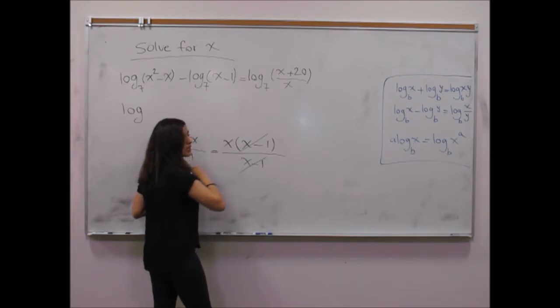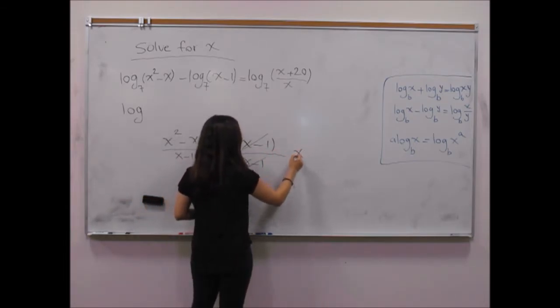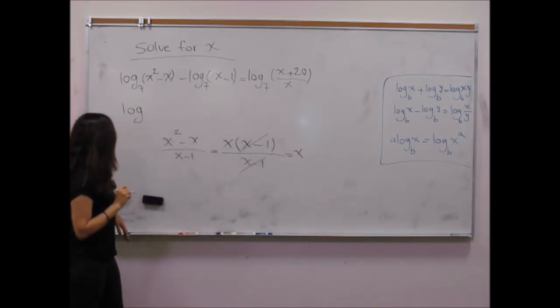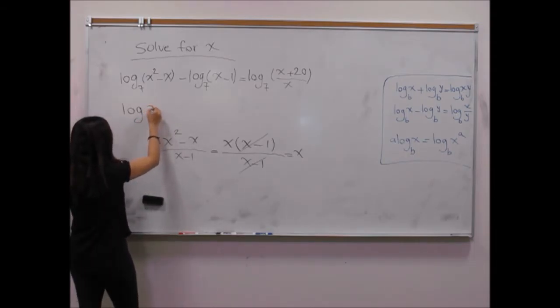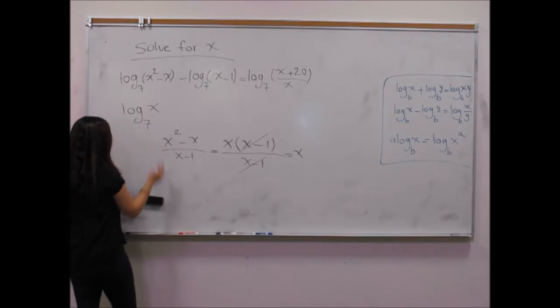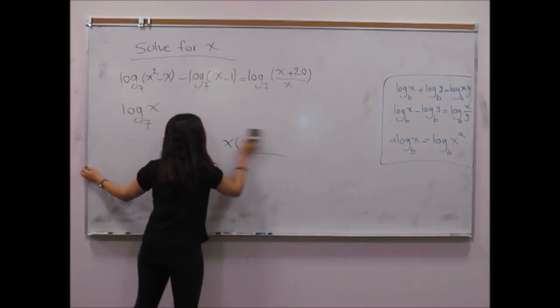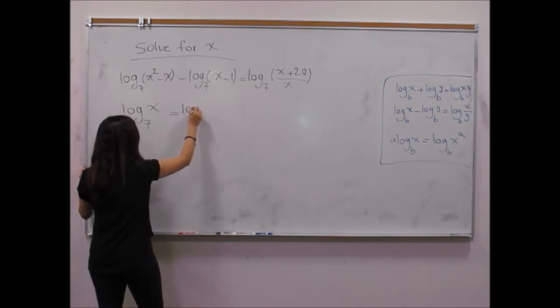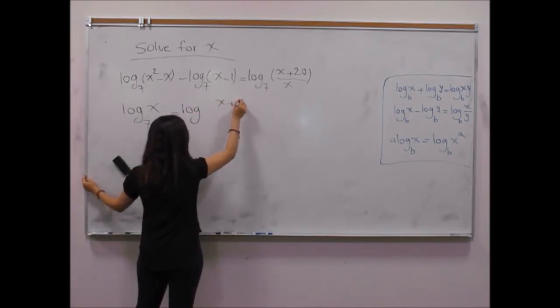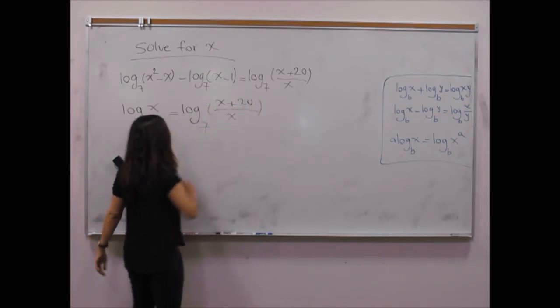So these two would cancel each other, and I'm just going to have x. So instead of that whole thing, I'm going to write that here. So log of x base 7. And then on the other side, I have log of x plus 20 over x base 7.